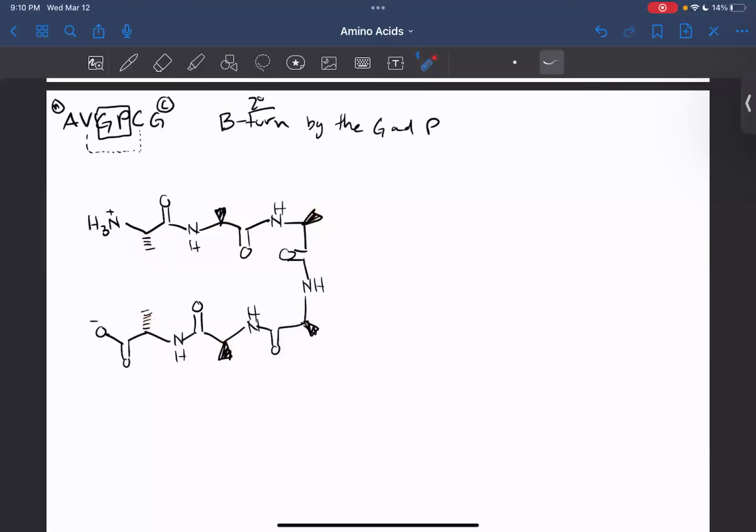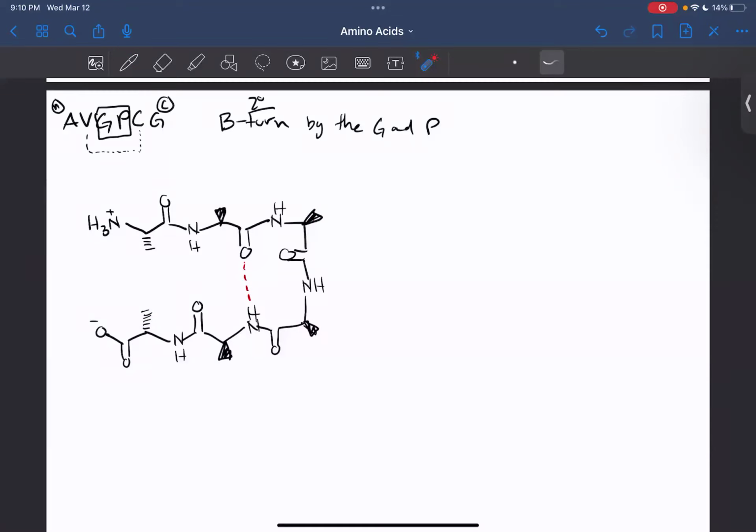But there are going to be 4, 1, 2, 3, 4 that are all the same going out of the beta turn, okay? That's just standard, okay? A beta turn, by definition, is going to be a 10-membered turn, okay? And we'll count that together, mediated by this hydrogen bond there, okay?